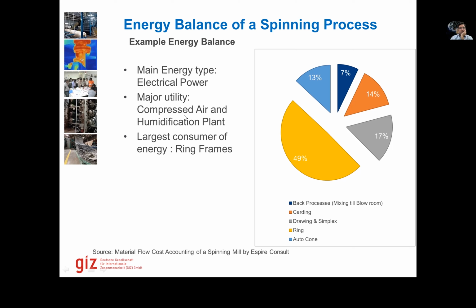The biggest energy utilities in this case are the compressed air system and the humidification plant, because these processes need humidification. If we don't maintain a certain humidity here, the cotton heats up and also catches fire. We also need a humidification plant and ventilation system to draw out the suspended fluff. So what we usually do is provide positive displacement pressure.